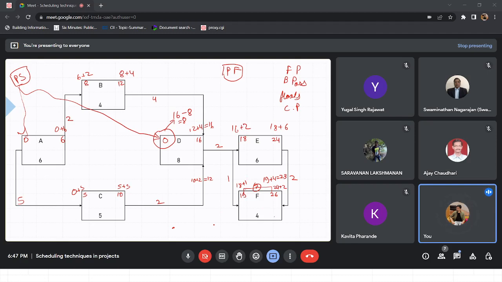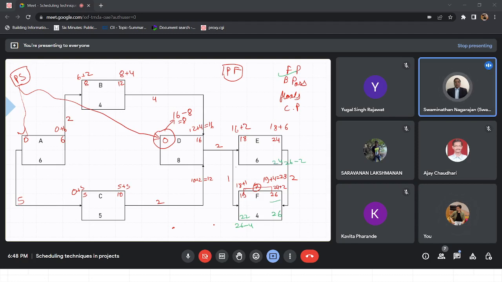Now, doing the backward pass, we already have the value 26 here. So starting with that, 26. This becomes 26 minus 4, 22. Now coming backwards to this, 26 minus 2, 24.